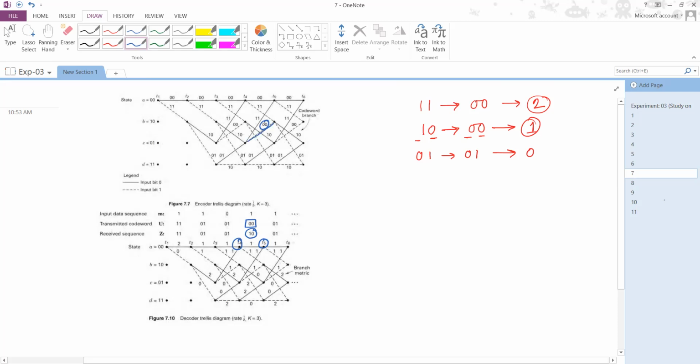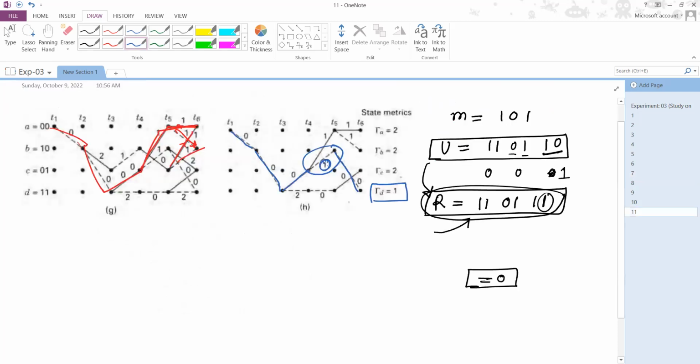And also in the Hamming distances, we are having 1 instead of 0. By this, we can say that there is an error in this message bit from T4 to T5. So this is the process by which we can find any kind of error in the message. That means we can find how many bits have errors throughout this Viterbi decoding algorithm.